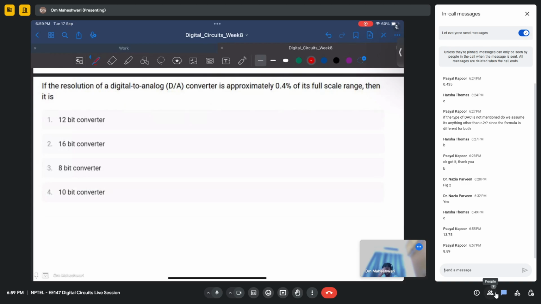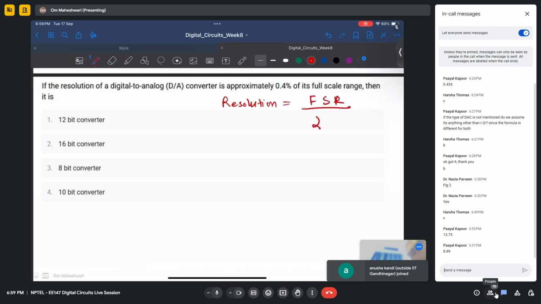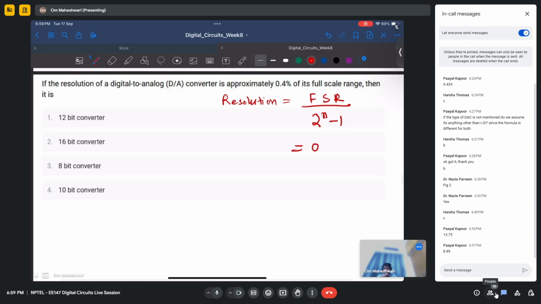So if you remember, resolution is the full scale range upon 2 to the power n or 2 to the power n minus 1, both would work. So it is given this is 0.4% of, or you can write 0.4 by 100 into FSR.